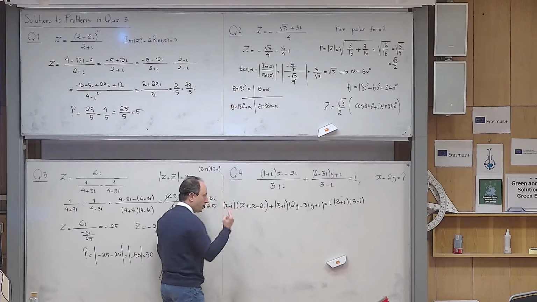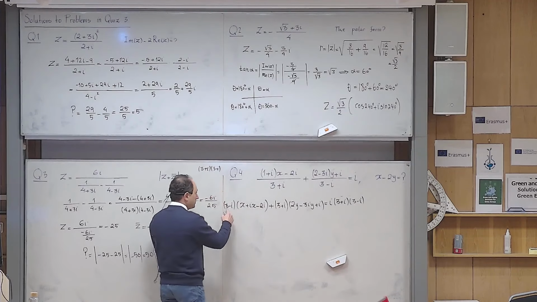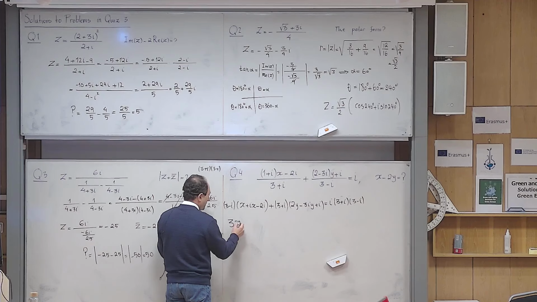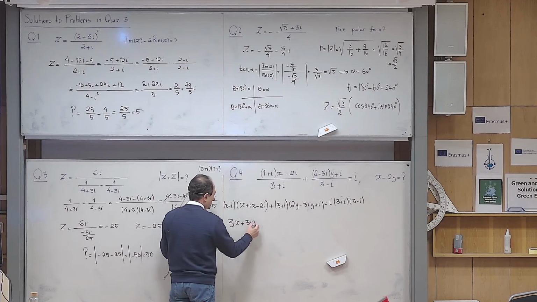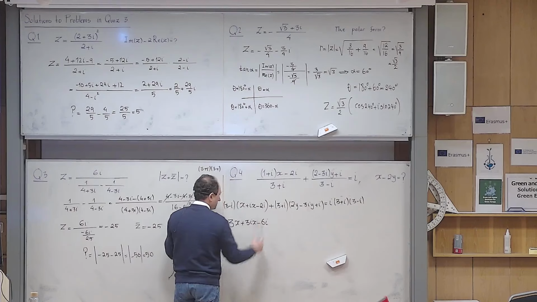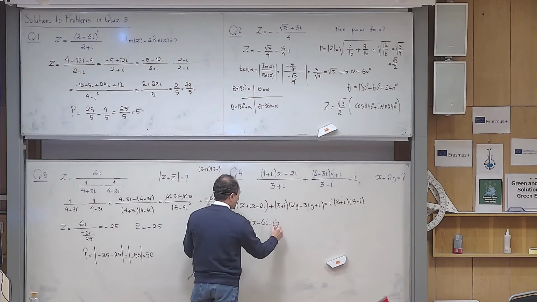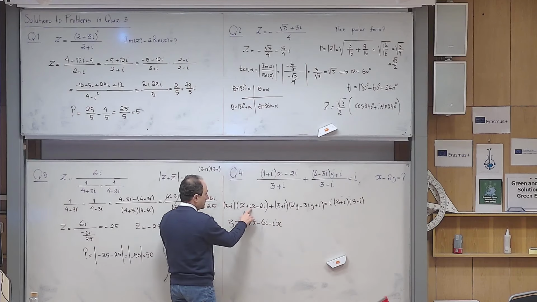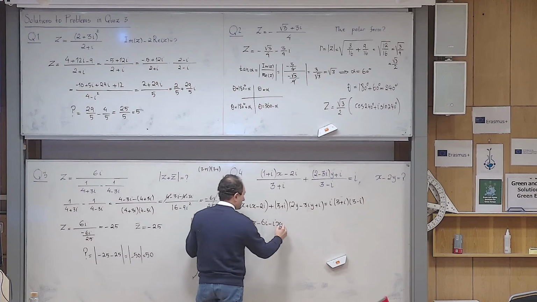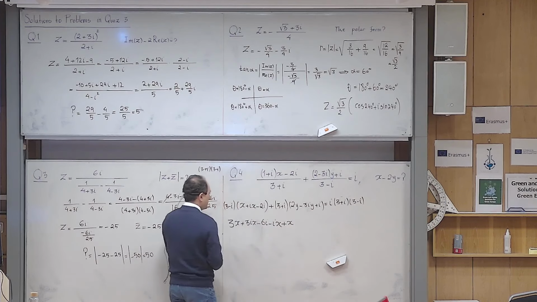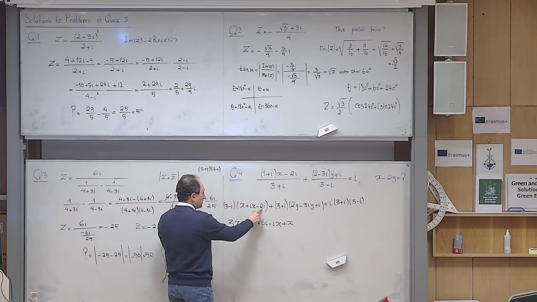Do this once patiently. So 3 times x, 3ix minus 6i. And then I go to minus ix. Minus i times i squared is minus i squared. Minus i squared is plus 1, so it becomes plus x. Minus i times minus 2i becomes plus 2i squared.